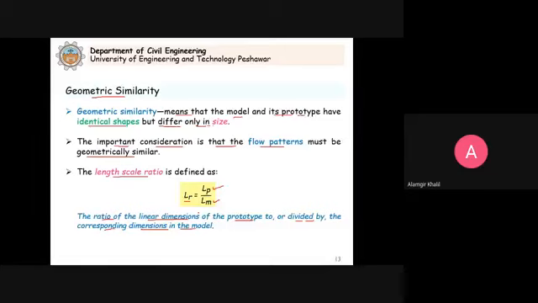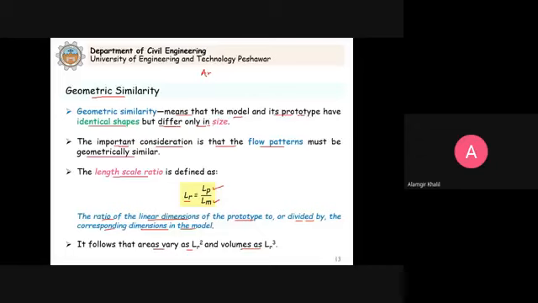Now we can extend this to area and volume. It follows that areas vary as LR square and volumes as LR cube. So for area we take two dimensions.